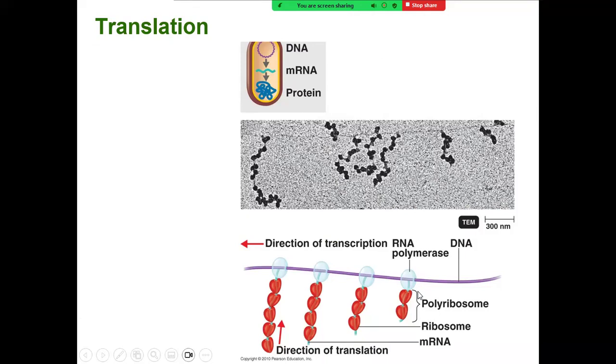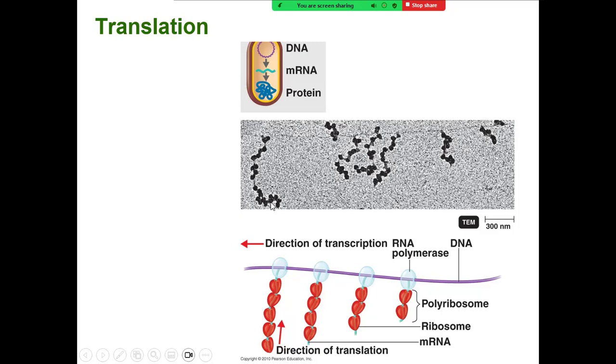here we can see that there is more than one messenger RNA being transcribed on this one gene. So here's the gene here, something like there. And you can see 1, 2, 3, 4, 5, 6, 7, 8 messenger RNAs being made on this one gene at close to the same time.